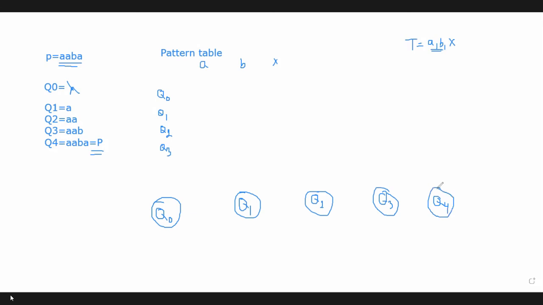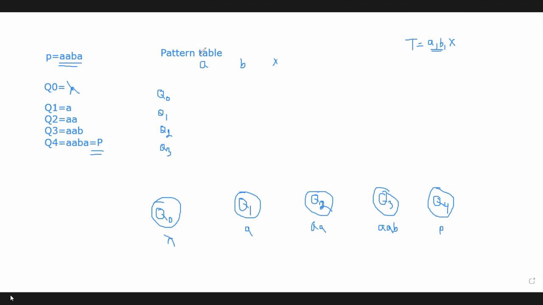Each of the states Q0, Q1, Q2, Q3 can accept two values, A and B. So what will happen to each of these states when it receives A, and when it receives B? The value of Q0 is lambda, Q1 is A, Q2 is AA, Q3 is AAB, and Q4 is AABA, the pattern.